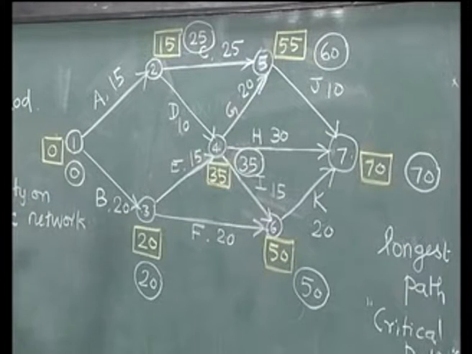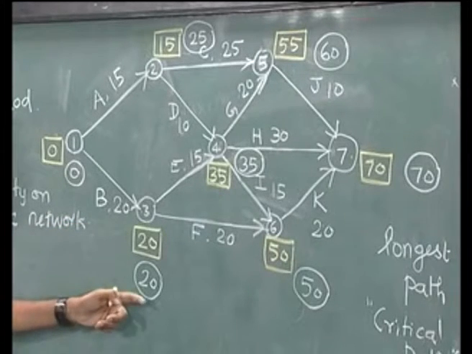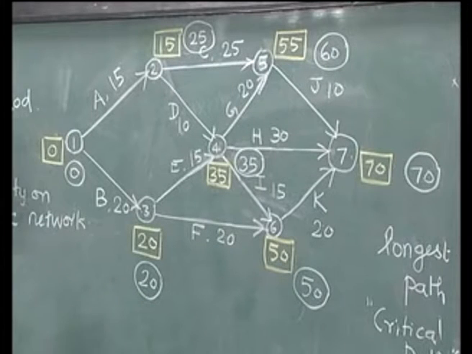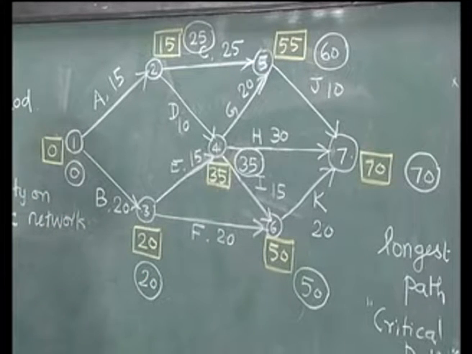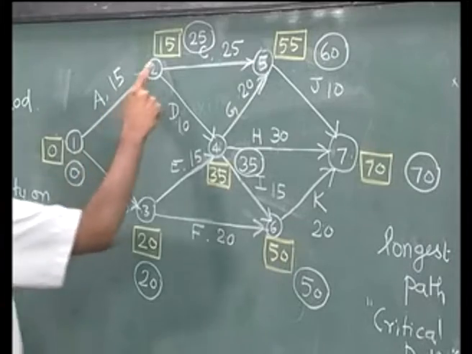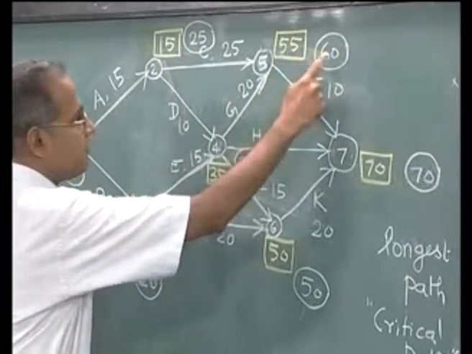Now, when we look at both the labels that we have drawn, the forward pass label, which is shown inside a square and a different color, and the backward pass label, which is shown inside a circle and of a different color, we realize that some nodes have the same values of the labels, like node 1 and node 3, whereas some nodes have different values for the labels, like node 2 and node 5.